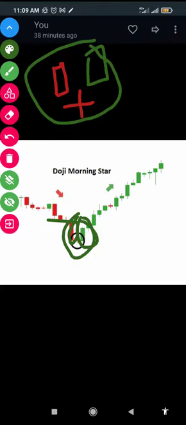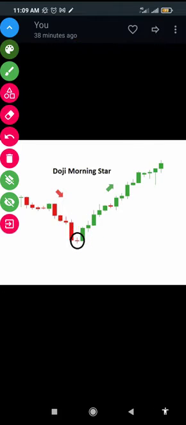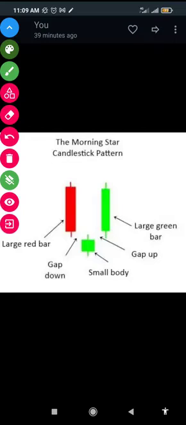When the market is selling, then a sell candlestick happens, followed by a doji indecision, then followed by a buy or bullish candlestick. Now this is still it here, a sell candlestick followed by a doji, then followed by a buy candlestick.